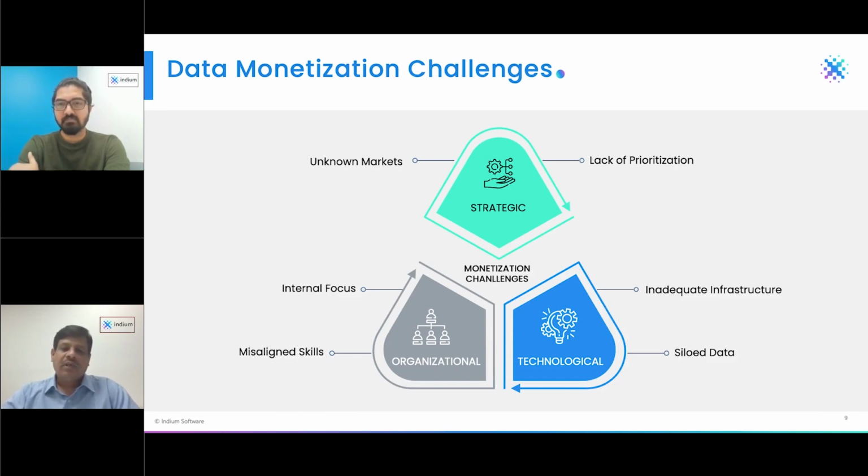Third, and most important, is the technology or the infrastructure that is really required to take care of these monetization initiatives. As I said in the very beginning, there is a huge pressure on the digital leaders to make sure that their platform is scalable and flexible enough to handle the growing volume of data, and at the same time to efficiently handle this growth and make the best use of it, or of the insights and the monetization benefits of it.